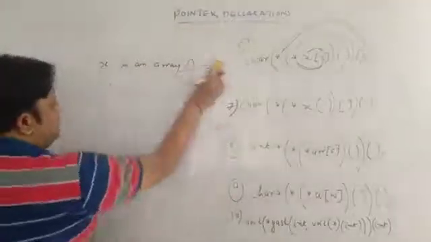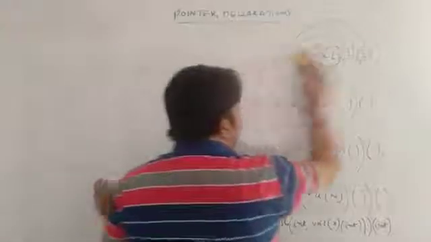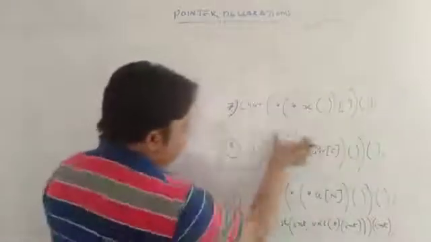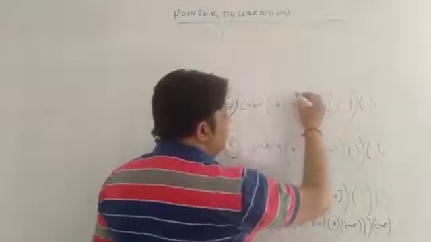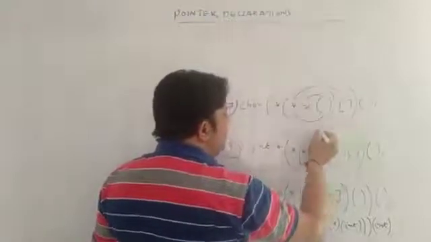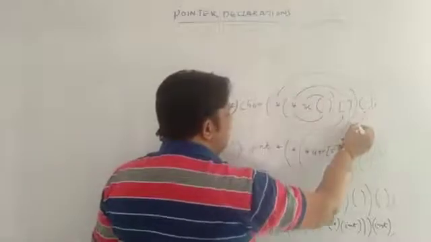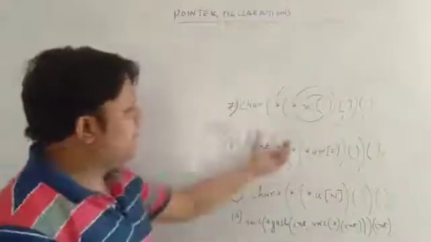Now moving on to the seventh expression. Now what is x? So try to solve this. x is a function returning pointer to an array of pointer to function returning character. Break step by step.